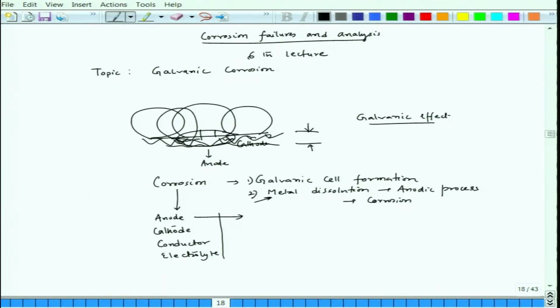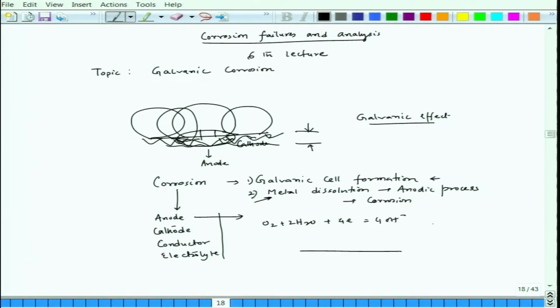Fine. Now, coming to this galvanic cell formation, let us see whether uniform corrosion is also a galvanic mode. Let us talk about iron corrosion, which we have already explained. So, an iron plate in air where moisture is present. The cathodic reaction is O2 plus 2H2O plus 4e equal to 4OH minus.